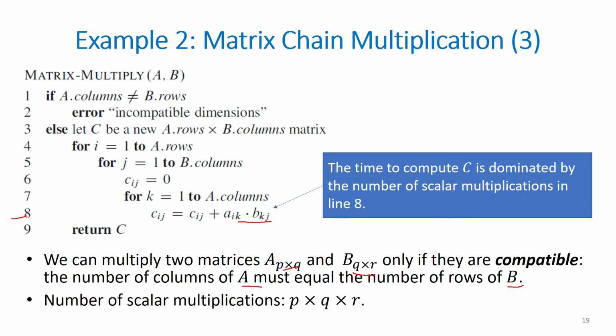So for two matrices A and B with the given dimensions, there would be P times Q times R scalar multiplications. Fully parenthesizing matrices efficiently can therefore dictate the number of scalar multiplications that are performed.